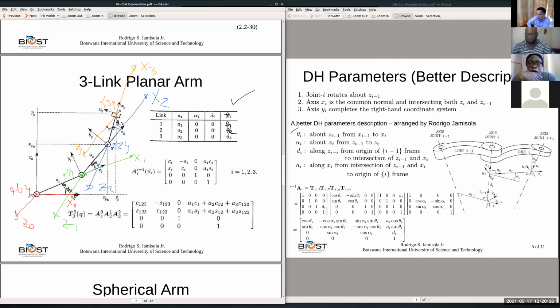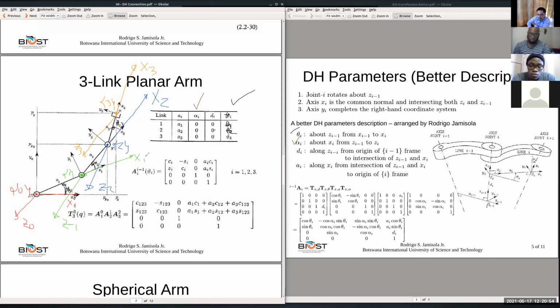So you have done theta. Next, let's do alpha i. Alpha i is rotation about xi, from zi minus 1 to zi. So for alpha 1, you rotate about x1. Where is your x1? x1 is here.